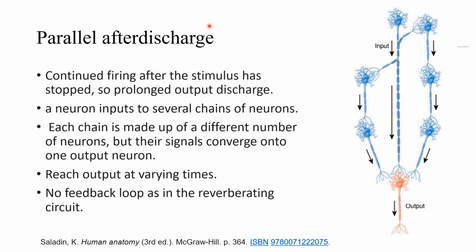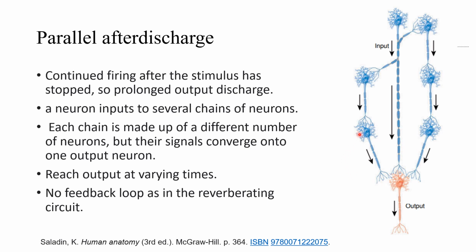We call it parallel afterdischarge. It uses several chains of neurons, with different numbers of neurons in each one of them, that at the end converge on the same output neuron.